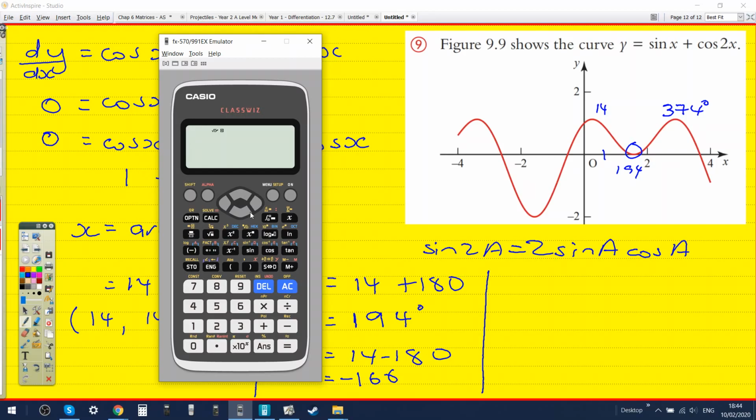Oh, I see what you're saying. So let's see, who knows if their graph is to scale. If we do arctan of 1/4, that gives us, I'm in degrees. If we set the angle unit to radians, that's 0.245.